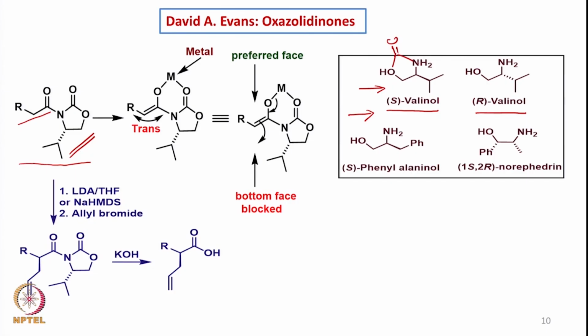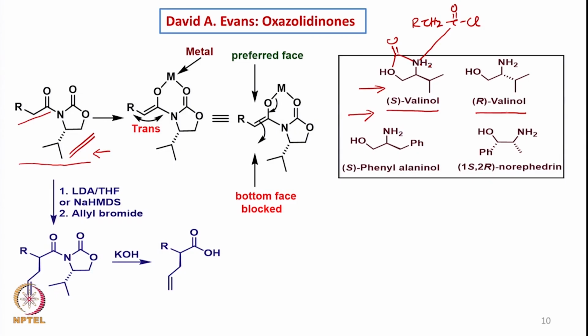From the nitrogen you can then attach, with the help of, say, RCH2COCl, and if we have NH here, we deprotonate, then we can make a bond between the two of them, and that is what would lead to, if we just turn it around, this product that is going to form. So this comes from S-valinol.